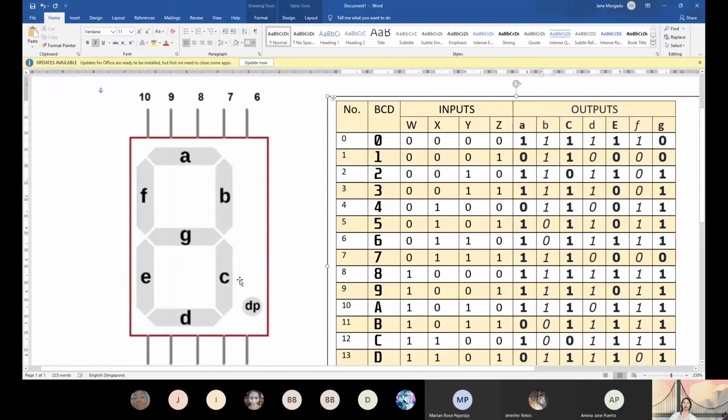You can buy these. When you see your seniors playing with something, they're actually trying to make a circuit that displays 0 to 9. The output display there is the 7 segment.